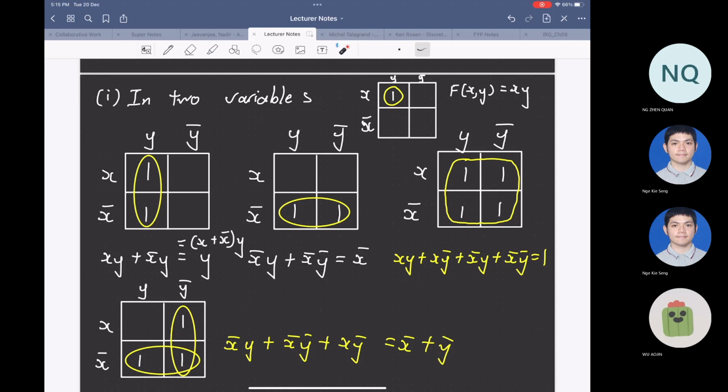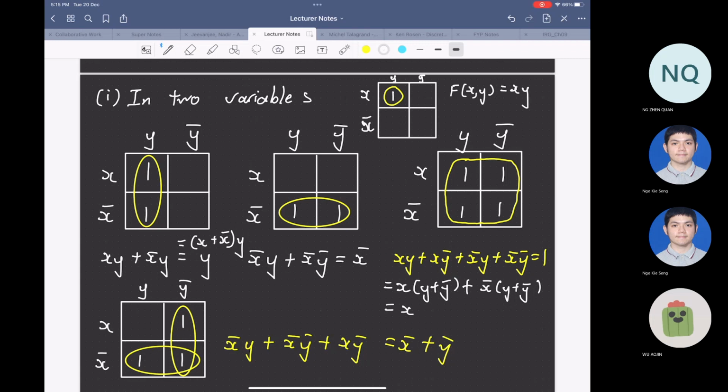If you don't believe it, you can also use this method to calculate something. Maybe if you want, we can try. So this one is x plus y bar plus x bar y plus y bar. So y plus y bar is what? It's 1, right?